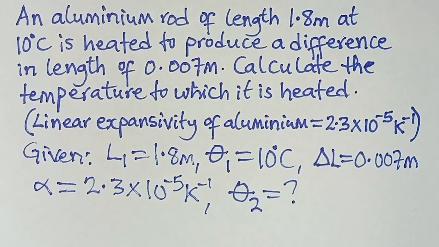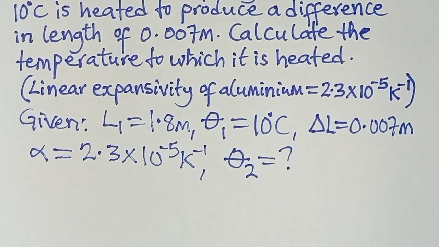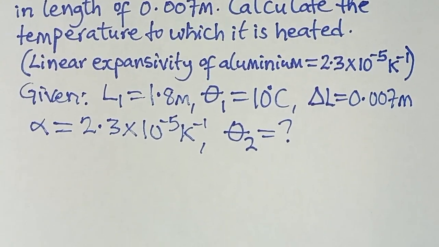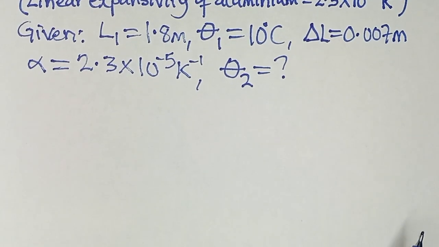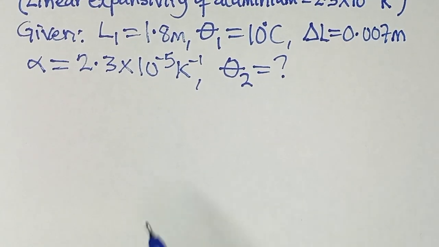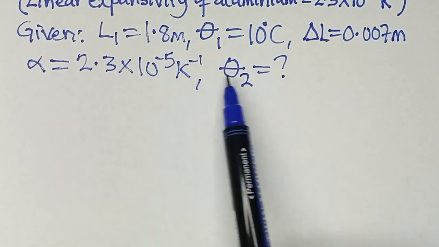Now, we need to think of the formula that we need to apply that will help us to find the value of theta 2. So straight away, I'm going to write out the formula to apply. It has to be a formula that connects all these parameters together.